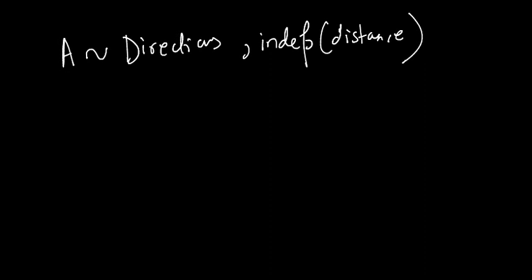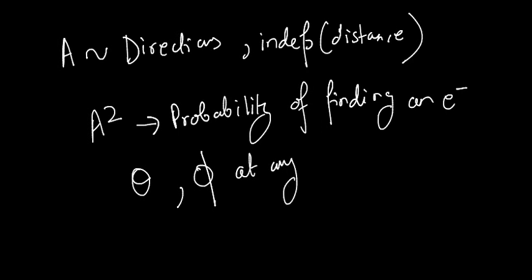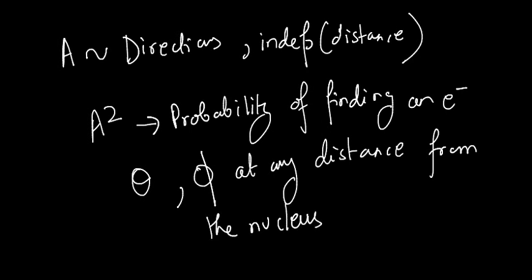The angular function A does not give polar diagrams, but when we find A square, A square is nothing but the probability of finding an electron, let us denote that by e, at a given direction, that is theta and phi, at any distance from the nucleus, and that will range from the nucleus to infinity.